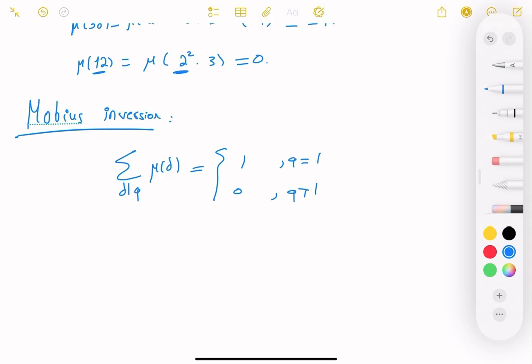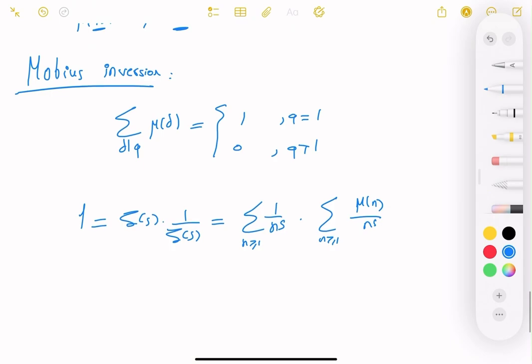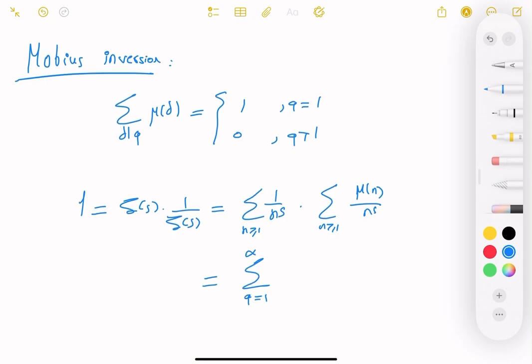So real quick, here's what happens. We can observe that 1 equals zeta of s times 1 over zeta of s. And we know that zeta is this sum. And we know that 1 over zeta is this sum. We just showed that. If you expand this product, you end up with this identity.